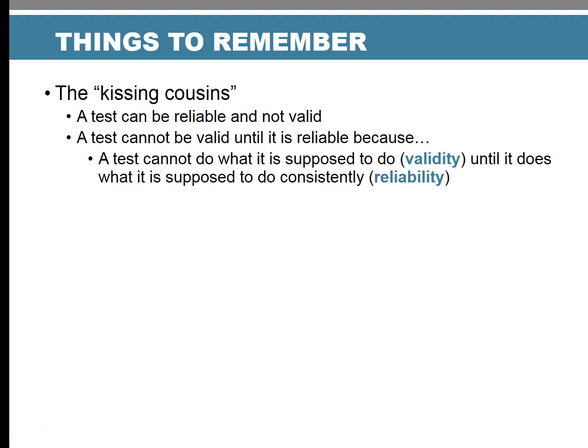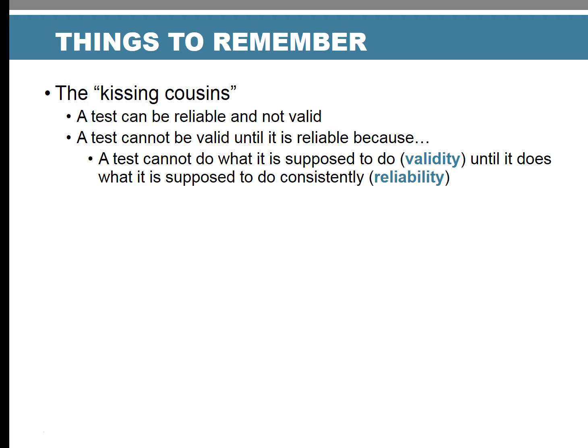Some things to remember about reliability and validity. A test can be reliable but not valid. So we could get consistent results that are consistently wrong. But a test cannot be valid unless it's reliable. So think about it this way. A test cannot do what it is supposed to do unless it can do what it is supposed to do consistently.